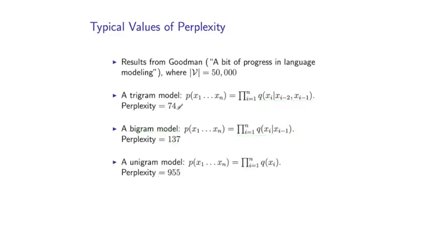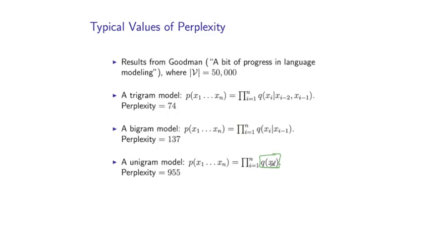He also looked at unigram models. In this case, the probability for any sentence is a product of terms q(x_i), which actually completely ignores the context. So we just have a parameter q(x_i) for each possible word, and so we're predicting each word ignoring the previous two words.